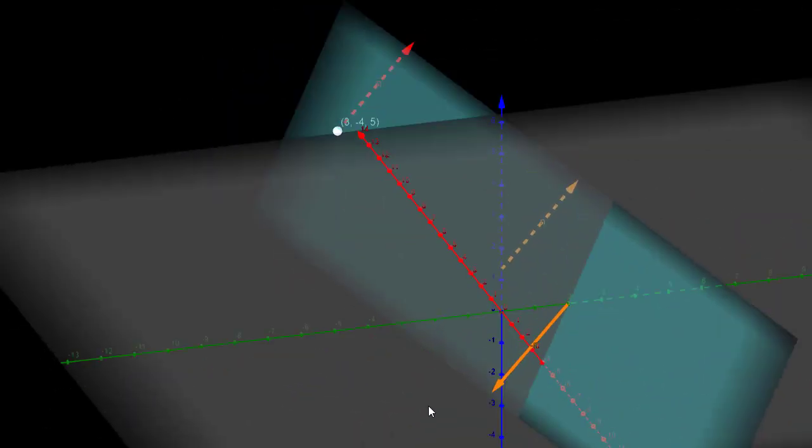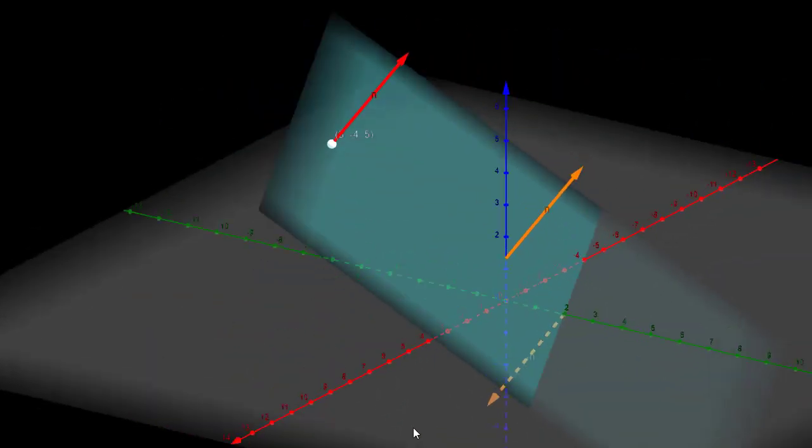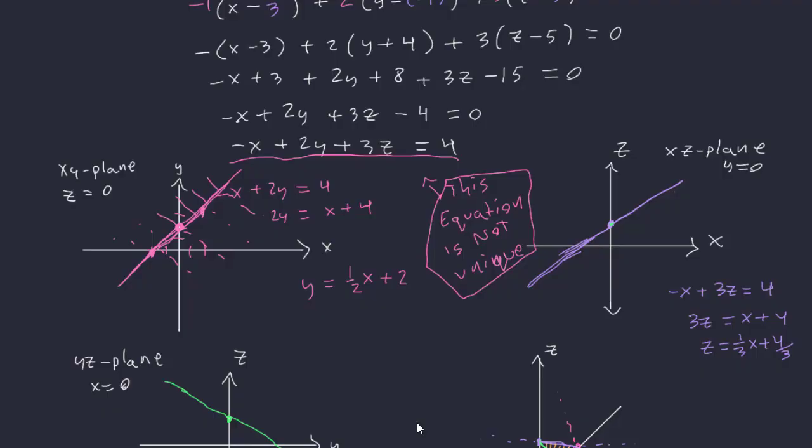There are lots of vectors perpendicular to the plane, and you can use any of them to get the formula for the plane. So the equation itself is not unique.